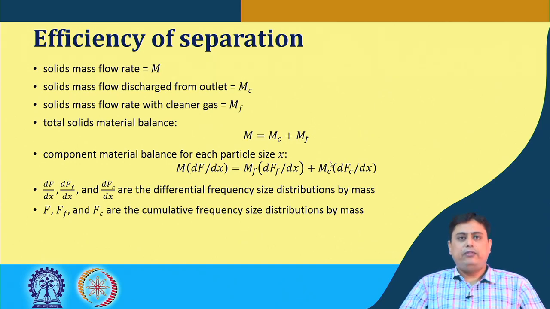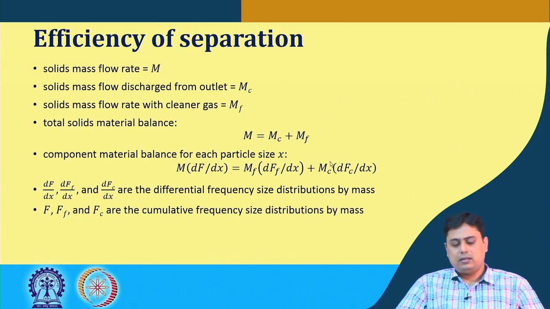Now, if we look at the efficiency of separation, say we define the solids mass flow rate as M, and the solids mass flow discharged from the outlet as MC. C stands for the coarse particles, because from the outlet it is the coarse particles that are being collected, and the solids mass flow rate with the cleaner gas is MF, where F stands for the finer particles.